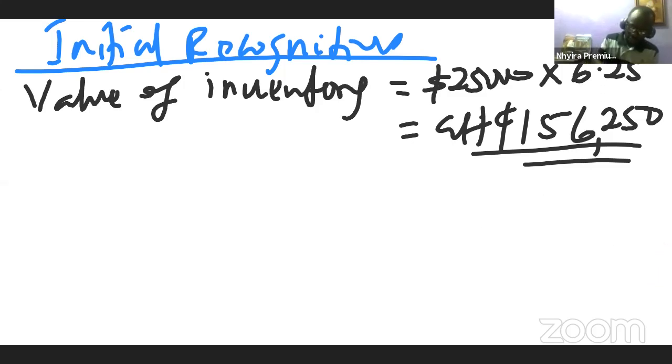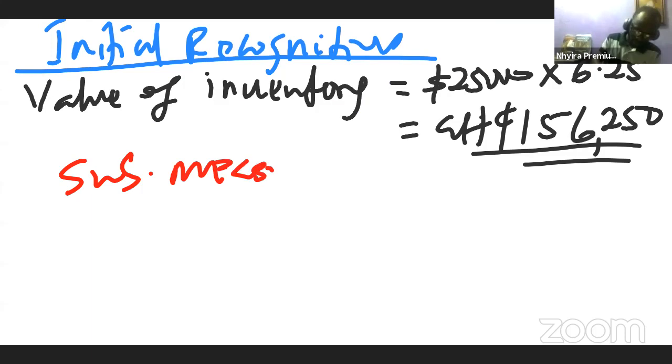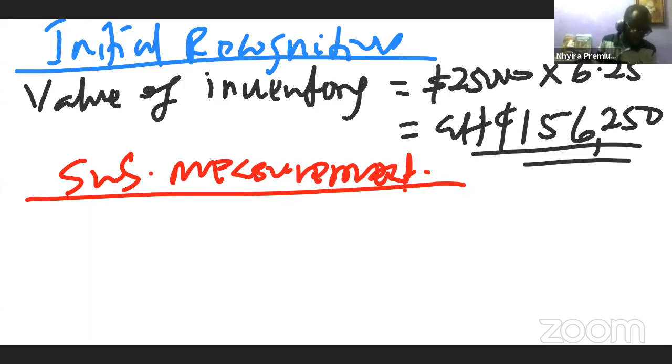On the subsequent measurement, we look at the value of the trade payable at the reporting date. Remember, the inventory is a non-monetary item, so we won't change it.